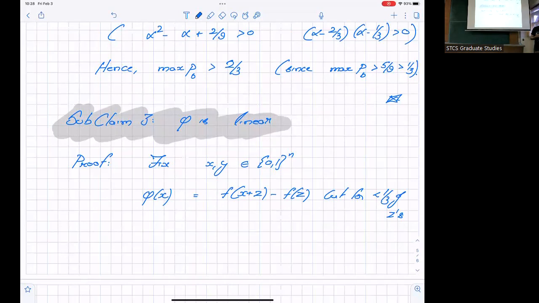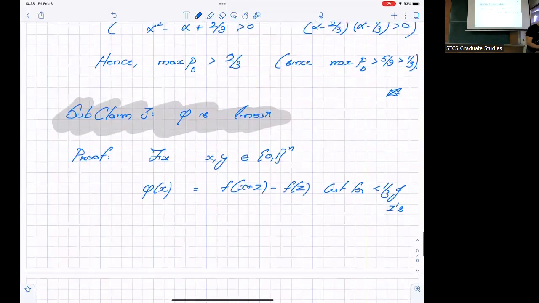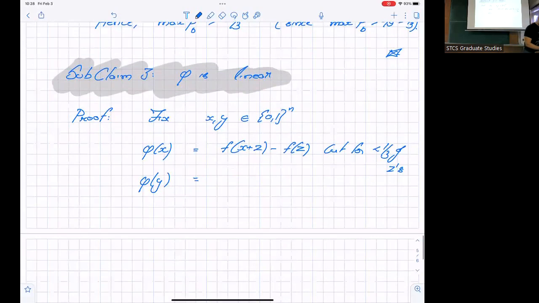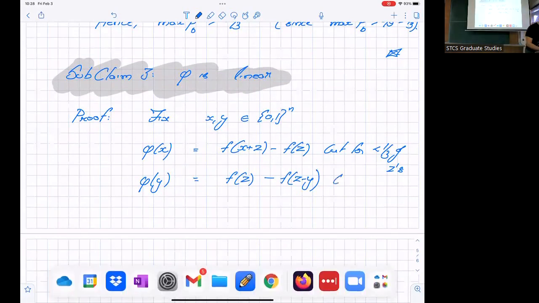Is that right? Now phi of y. Of course, I can write the same thing, f of y plus z minus f of z, but I'm going to write it in a slightly different fashion: f of z minus f of z minus y. That's the same. This one, once again, holds but for less than 1/3 of the z's.